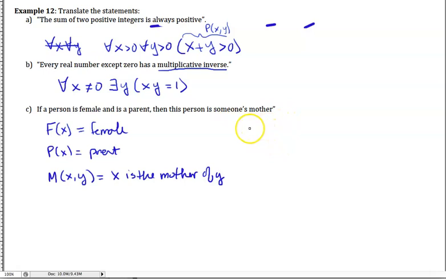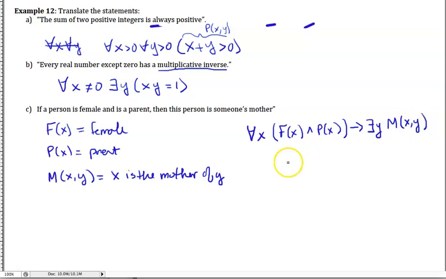Okay? So we're going to say for all x, which are females and parents, then there's going to exist a y such that x is the mother of y. So for any people that are both female and parents, there's going to exist a y, which is the child, right?